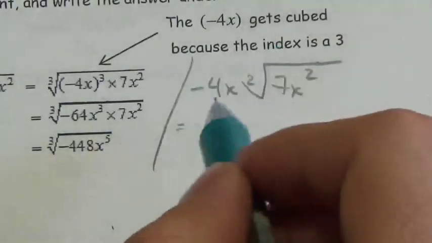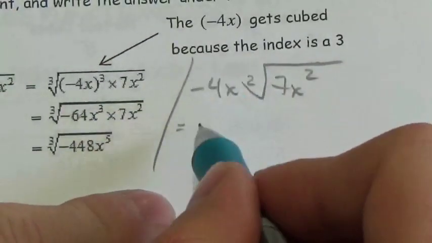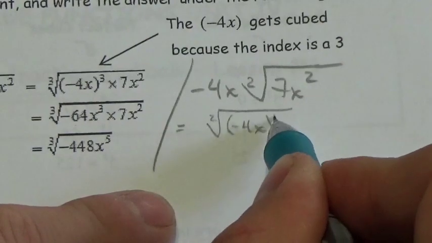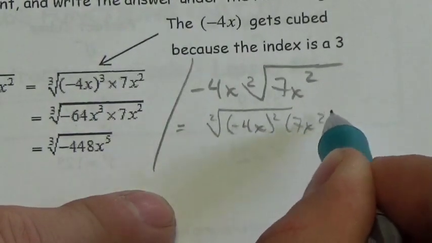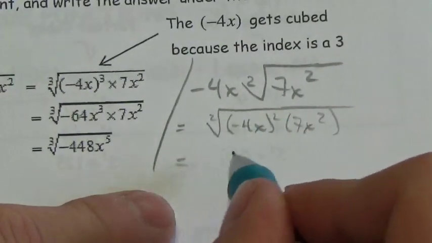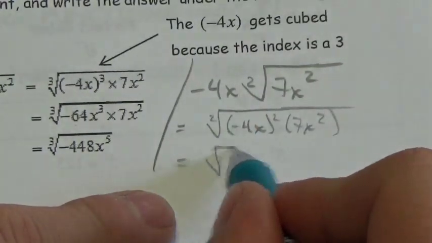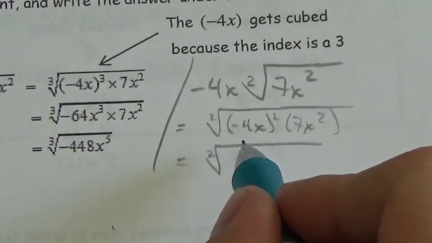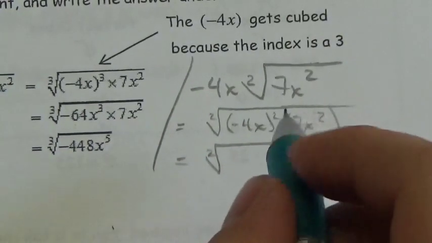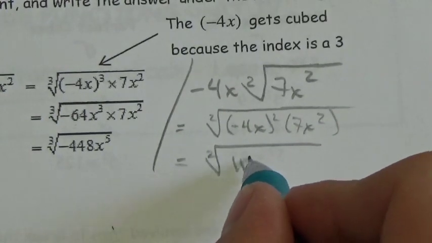If you follow what I just did here, you're going to be very tempted to do this. Make this the square root of negative 4x squared multiplied by 7x squared. And this is wrong. What you would be tempted to do here is make this the square root of, well, 4 squared is going to be 16, multiplied by 7 is going to be 112, so it'll be 112.